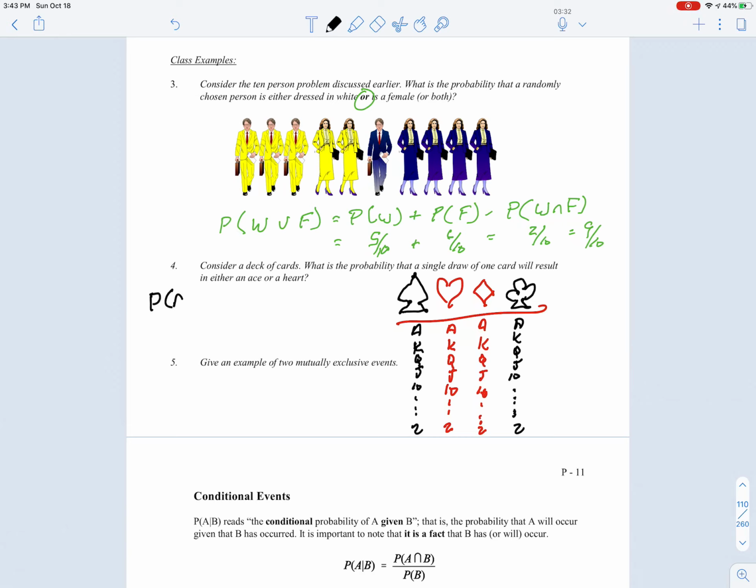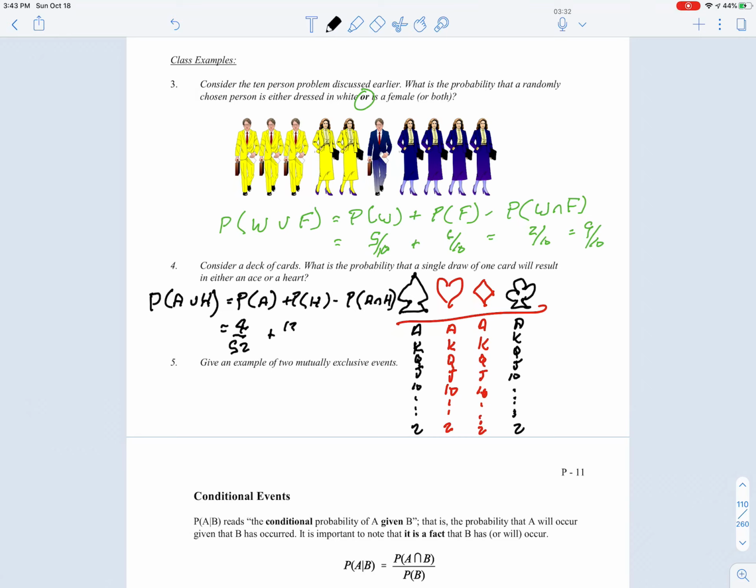So the probability of getting an ace or a heart would be equal to the probability of an ace plus the probability of getting a heart minus the probability of a card being an ace and a heart. So the number of aces is 4 out of 52 cards.